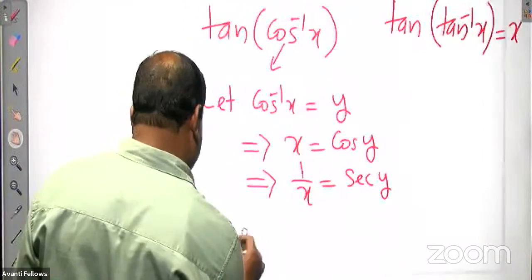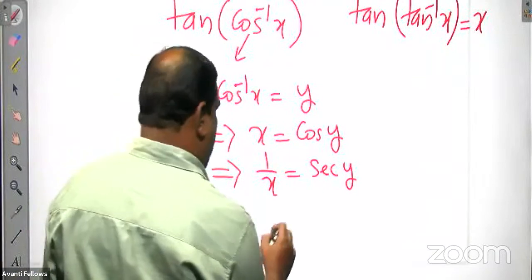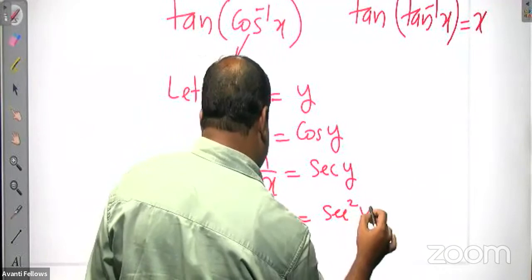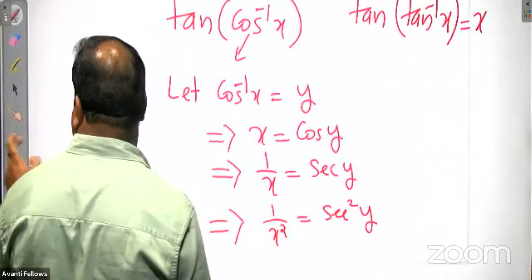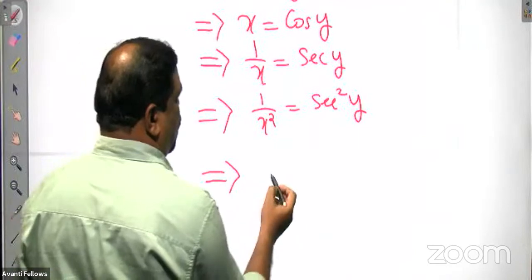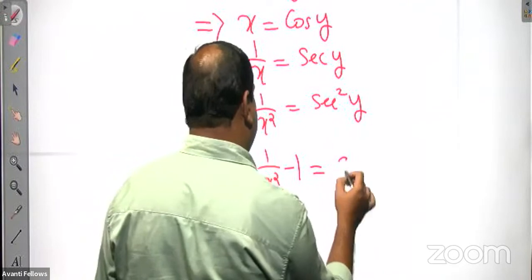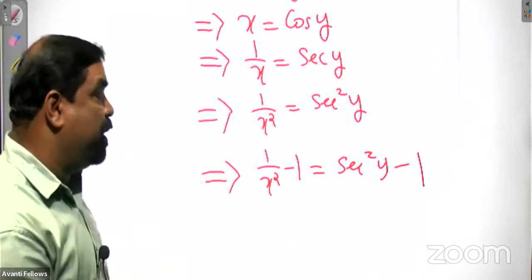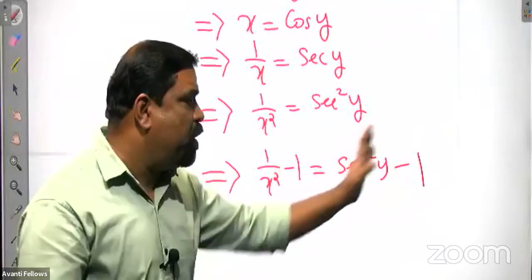Which implies 1 by x square is equal to sec square y. Very simple, direct. Now, which implies 1 by x square minus 1 is equal to sec square y minus 1. What is sec square y minus 1?